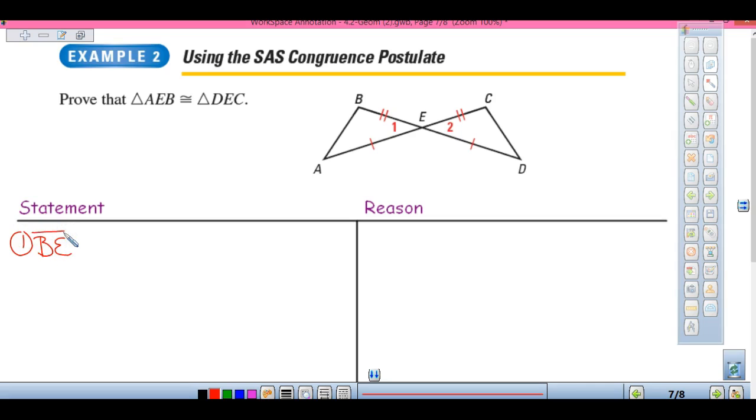Let's start with BE since I wrote that. So BE is congruent to EC. And what else? AE is congruent to ED. And we can say that that is given because they already had that in their picture.